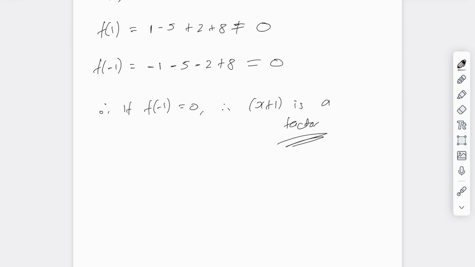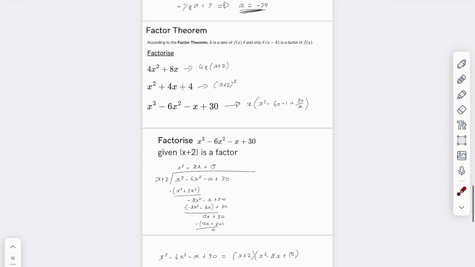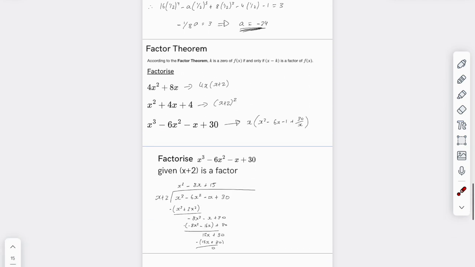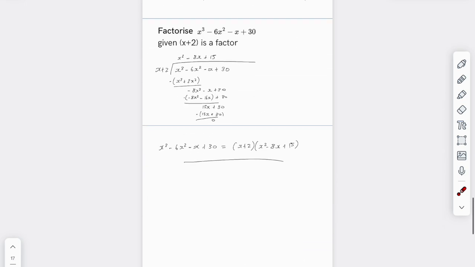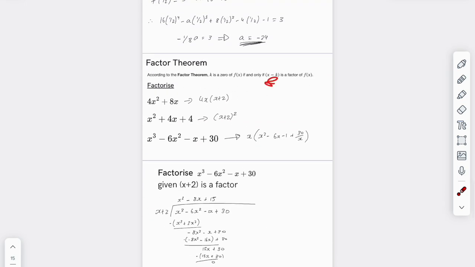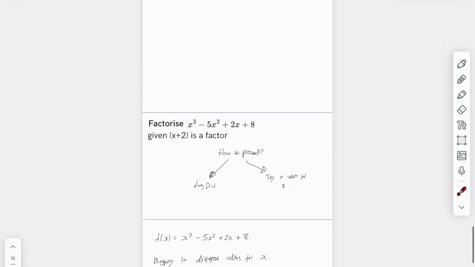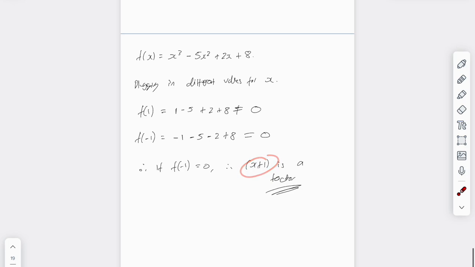Remember, x plus 1 is like x minus minus 1, and that equates with f of x. So x plus 1 must be a factor here.